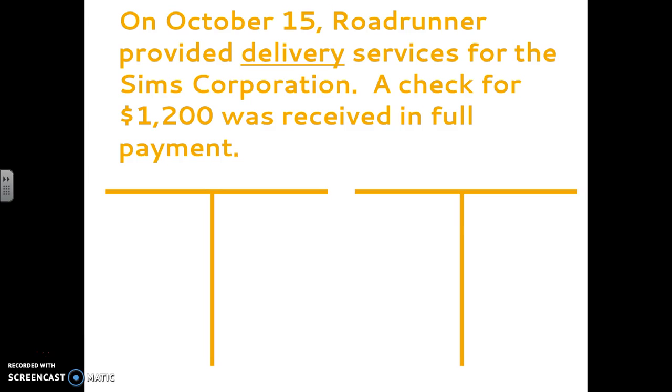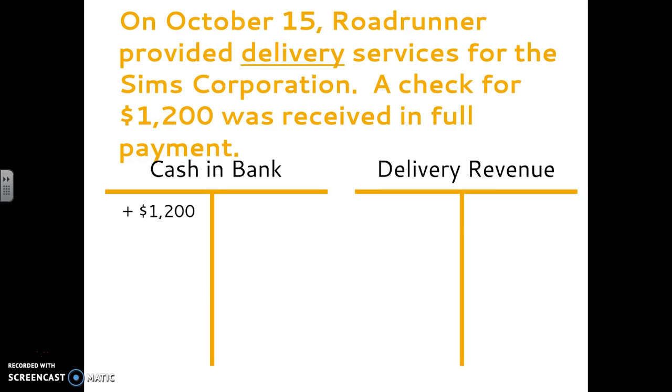A check for $1,200 was received in full payment. We have the two accounts that are affected, cash and bank, and delivery revenue. Because money was received, we are going to debit cash and bank and increase it $1,200, and credit revenue and increase revenue by $1,200.